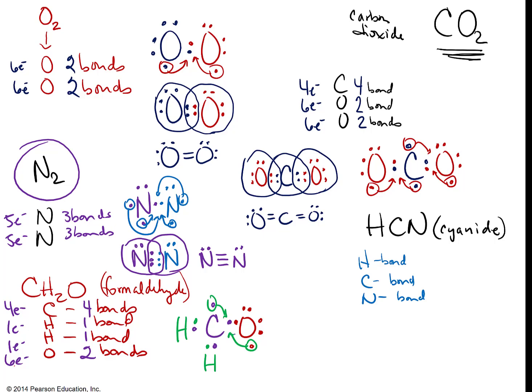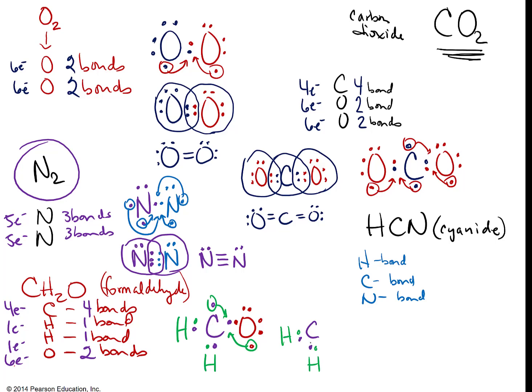Oh, I see. Okay, that would be your double bond. Hydrogen can't make a double bond, right? Hydrogen's never going to have but just a single bond. They're always kind of like the ones that you fill around the edges. So the double bond's going to have to be between the carbon and the oxygen. So when we get done, we'll have the hydrogen down here. We'll have the carbon.